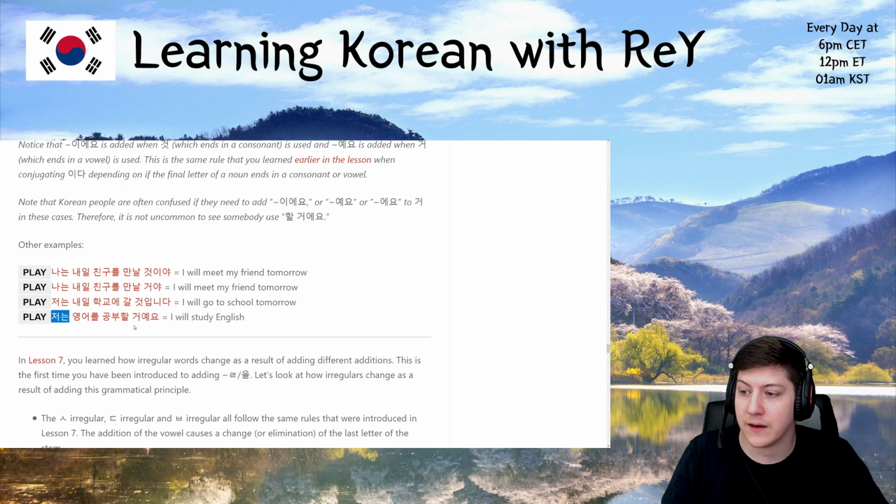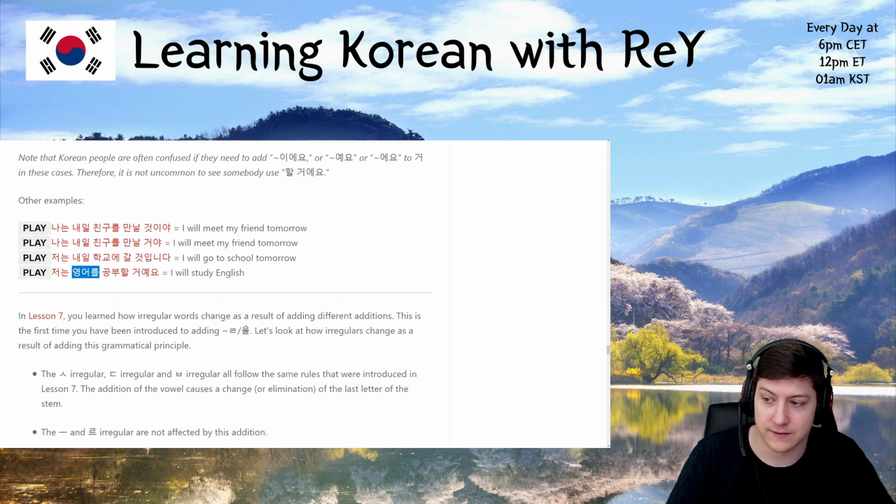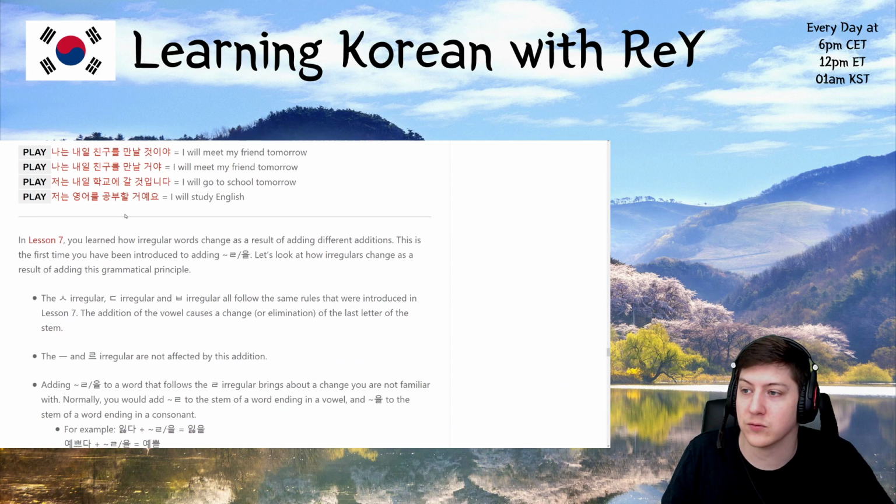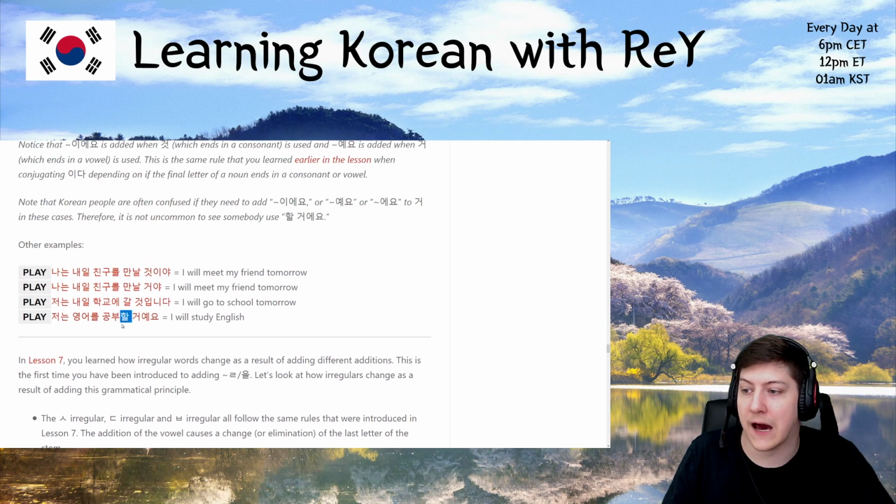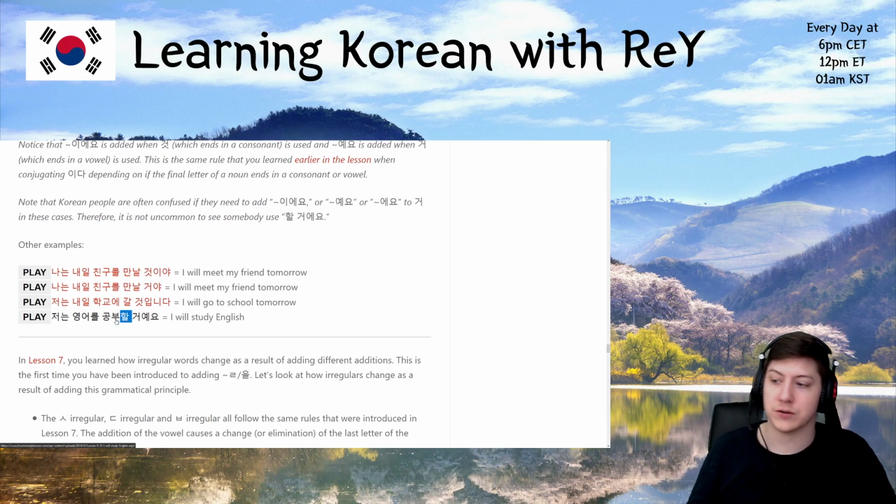So I will study English. I am the thing that will study English. So yeah, that's how it works. We have learned that, and you do that by adding the R to the stem of the verb. Okay, so that's what we learned yesterday.